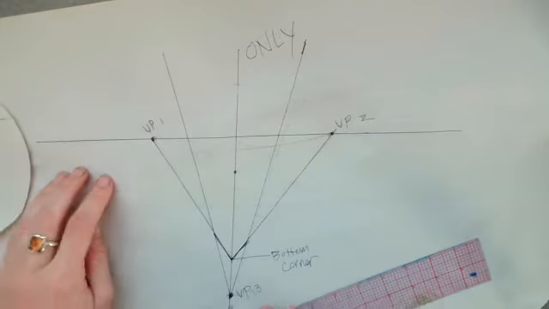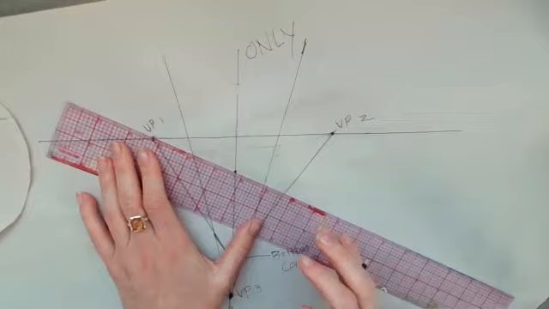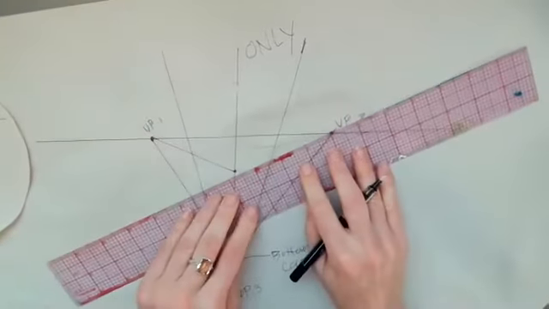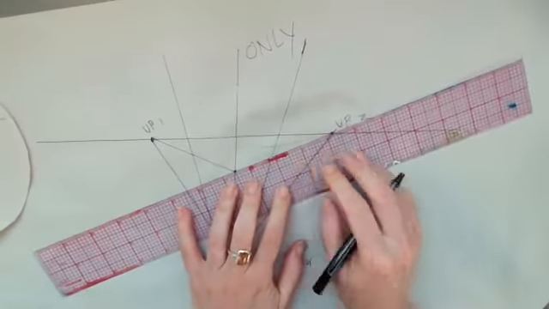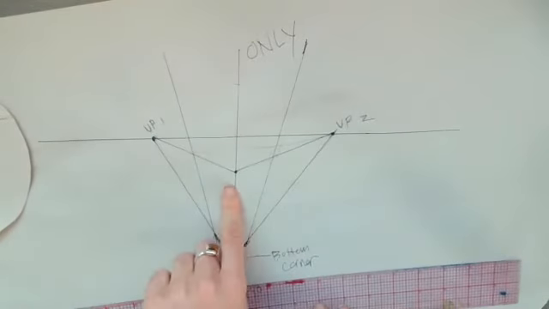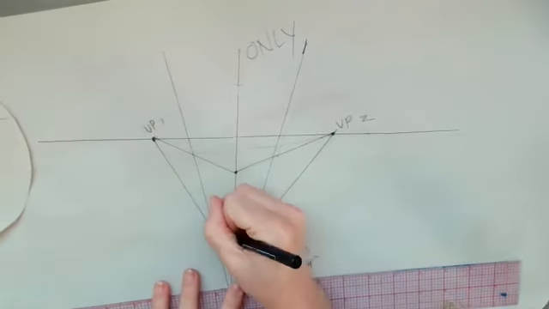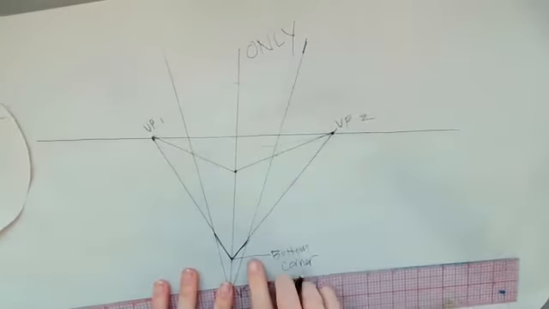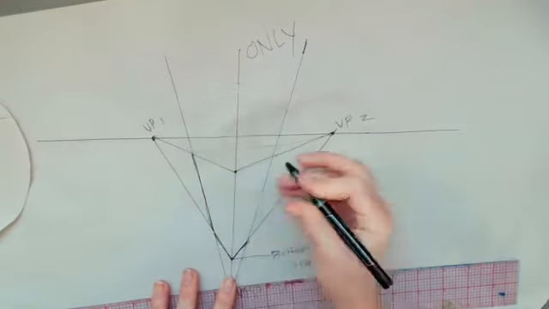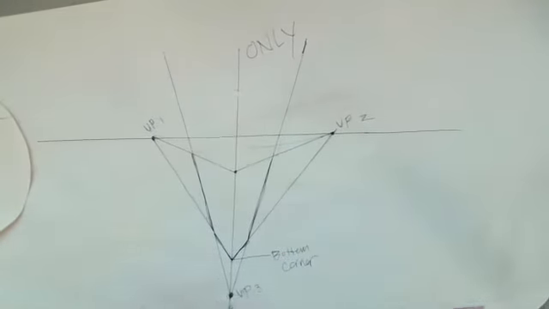Okay, and then the top corner, I connect it back to vanishing point 1 and vanishing point 2. Just like that. I made a V and a V. Okay, now the diagonal lines that I already put in from vanishing point 3 have created the side walls for my building.